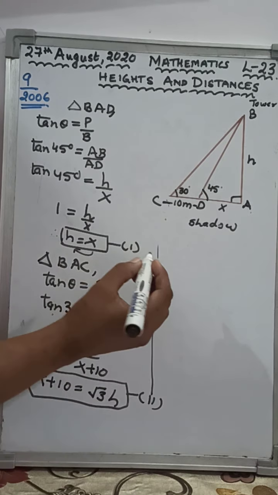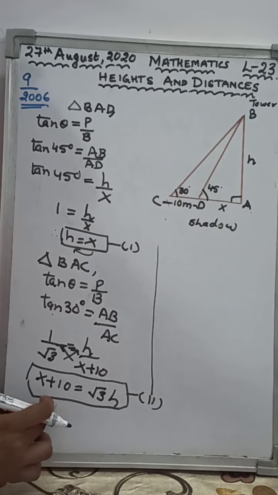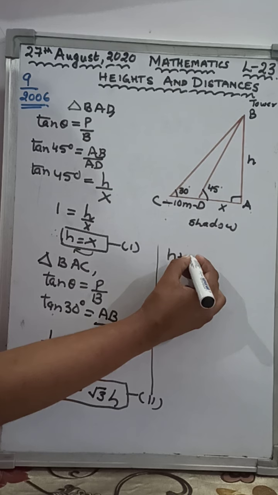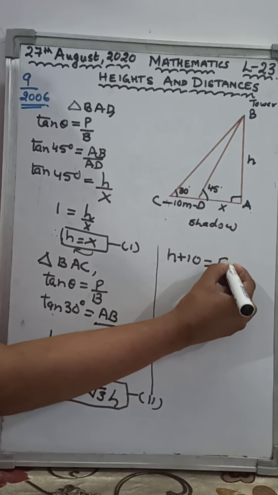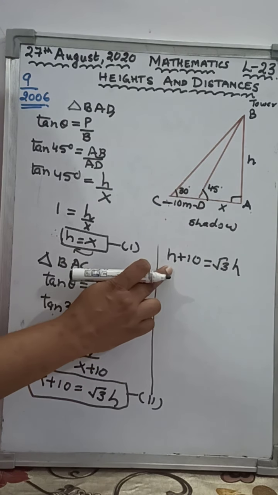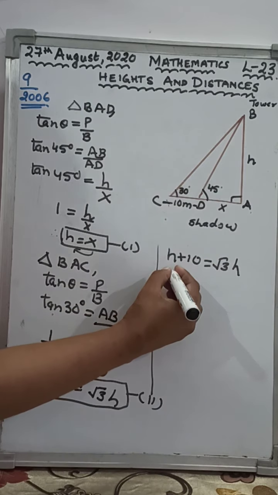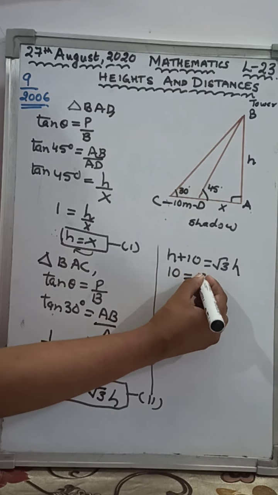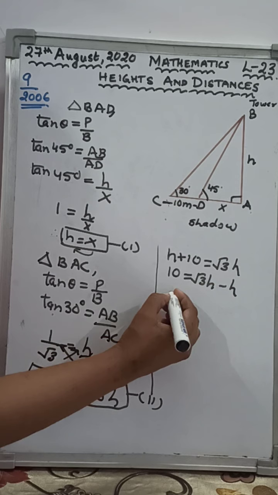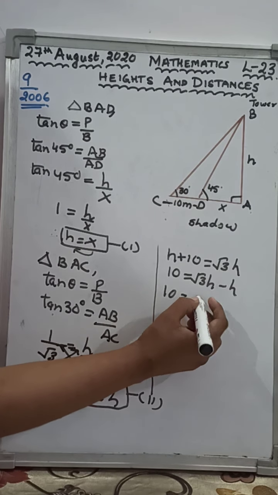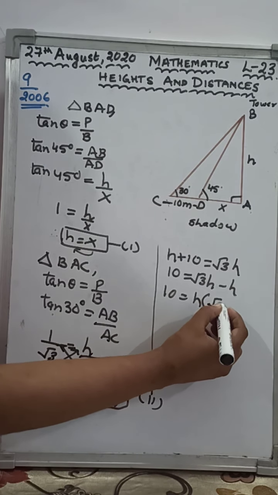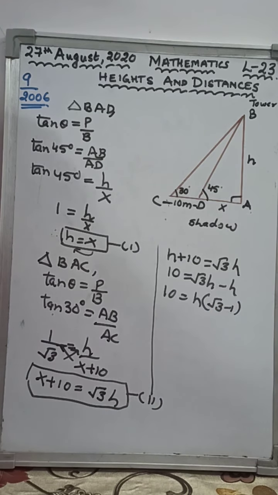So let us do it. So here it will be h plus 10 equal to root 3 h. Now you will take this h on the right hand side. So 10 is equal to root 3 h minus h. You will take h common on the right hand side, that is root 3 minus 1.